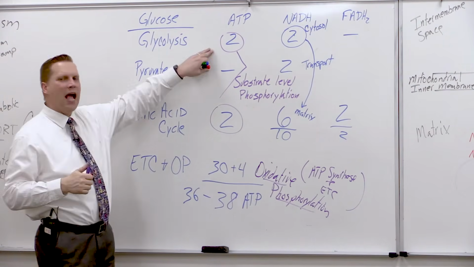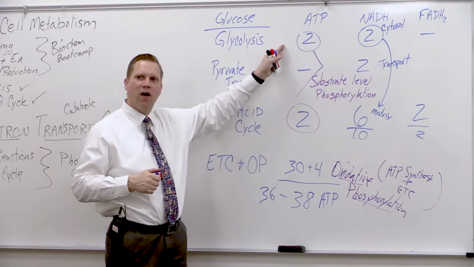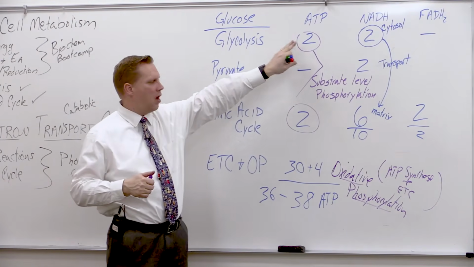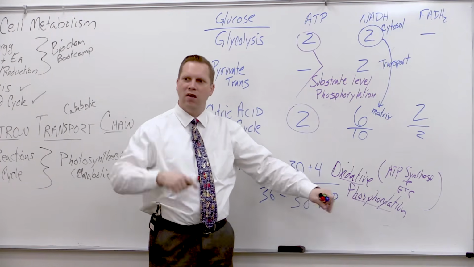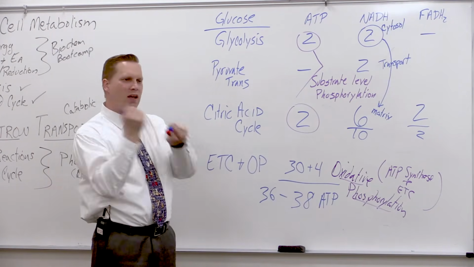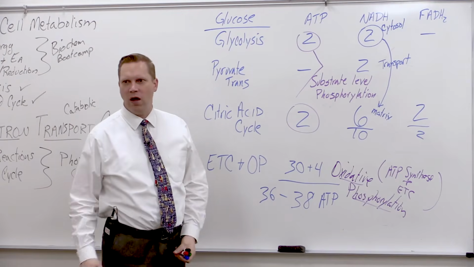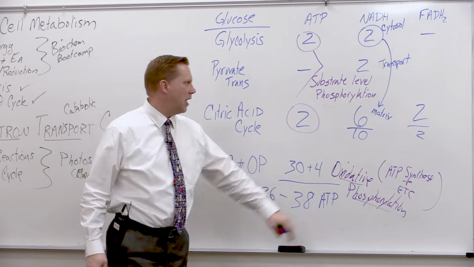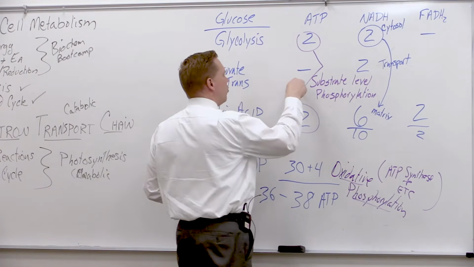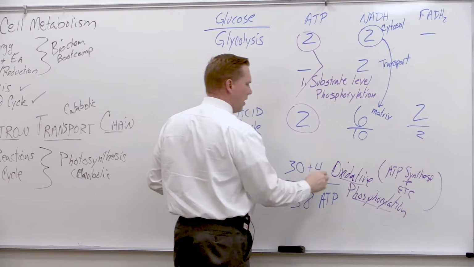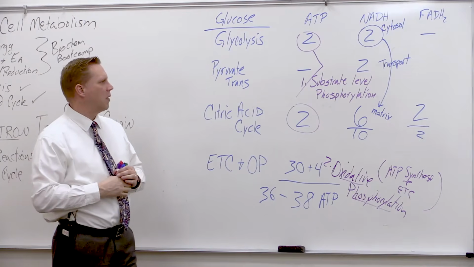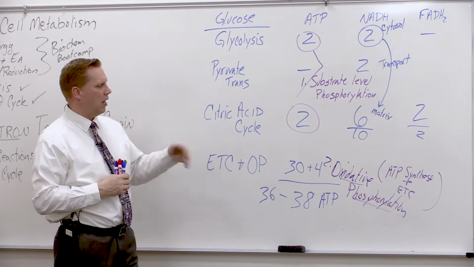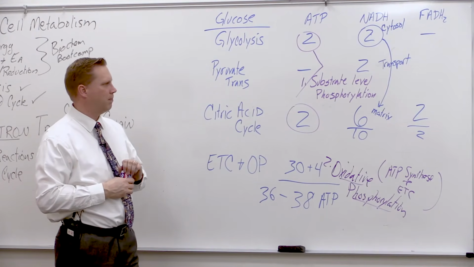We can take a high energy substrate and donate a phosphate to make our ATP, or we can come down here and use electron energy to power ATP synthase to kind of slam that phosphate onto ADP and make ATP. So we've got two different methods of making ATP in the cell, substrate level and then oxidative phosphorylation.